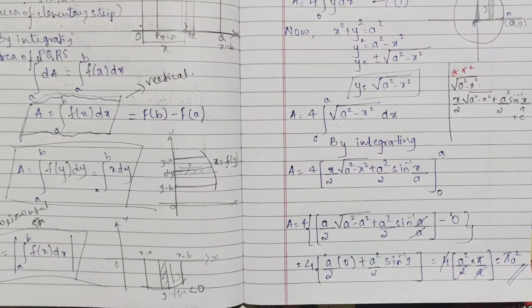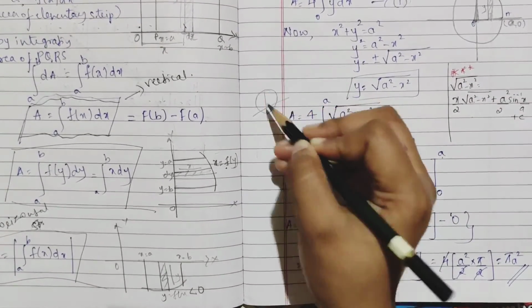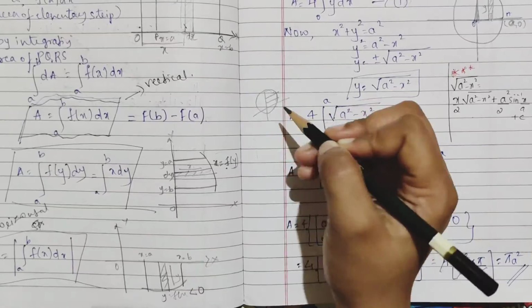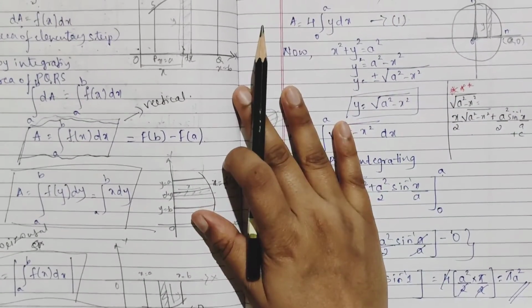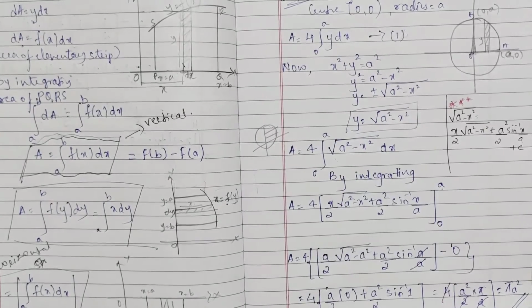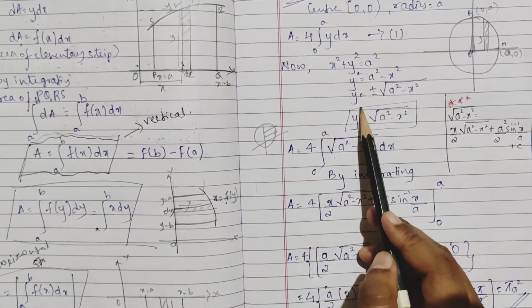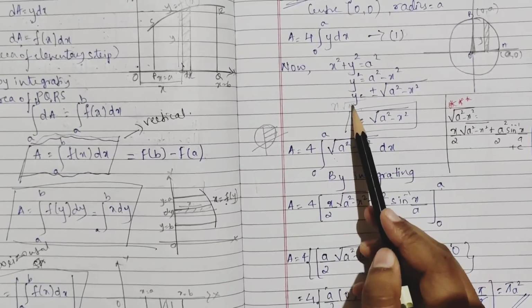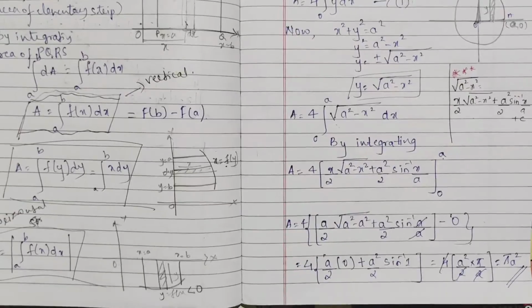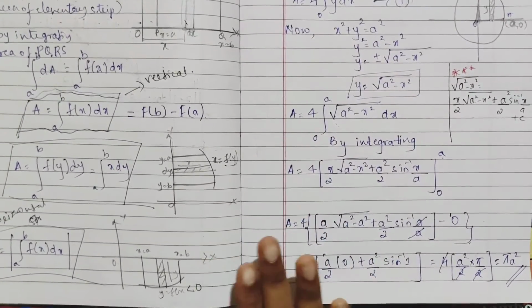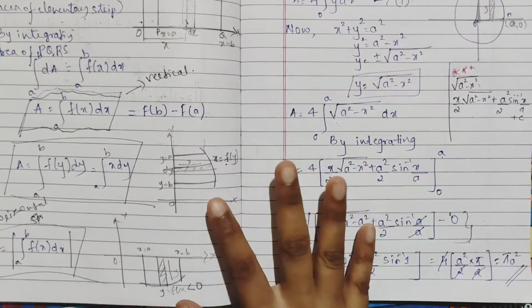If you take it in a horizontal way, it will be x dy in place of y dx, and from here you have to find your x value. Simple, x will be root of a square minus y square, that's it. I hope I am clear on how you find the area under a curve.